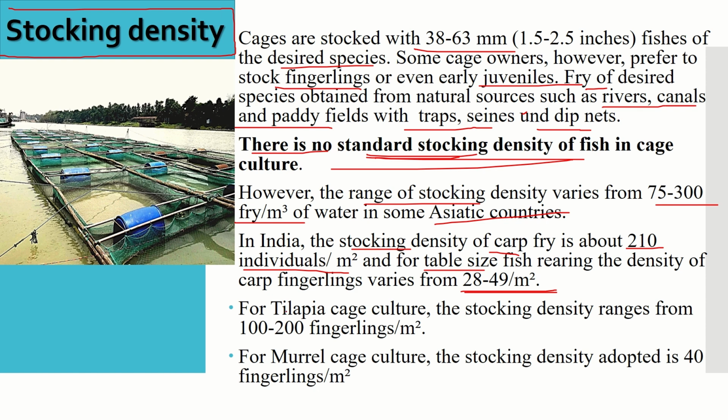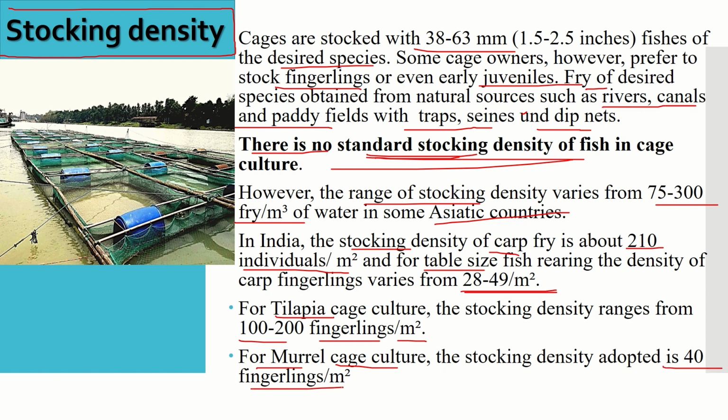For tilapia cage culture, the stocking density ranges from 100 to 200 fingerlings per meter square. For murrel cage culture, the stocking density adopted is about 40 fingerlings per meter square.